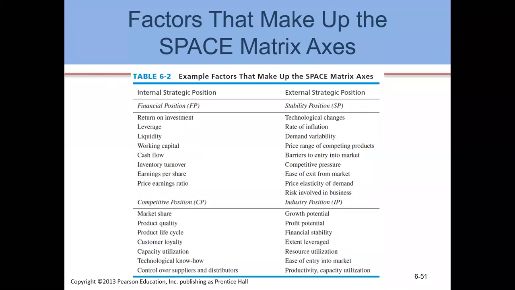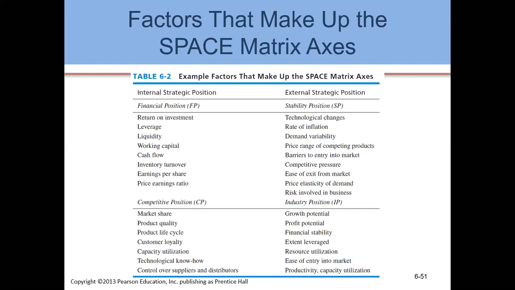For example, when you are concerned with financial position, FP, you need to talk about the financial situation of the firm. For example, in terms of return on investment, leverage, liquidity, working capital, cash flow, inventory turnover, earnings per share, price earnings ratio, and so on. There can be so many aspects related to financial position of a firm.